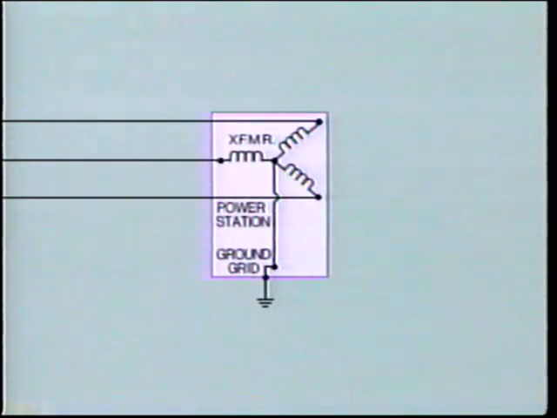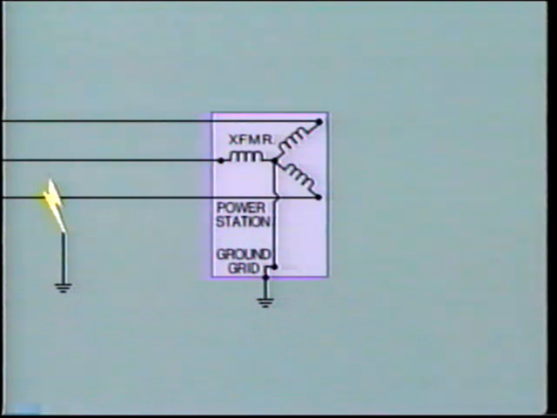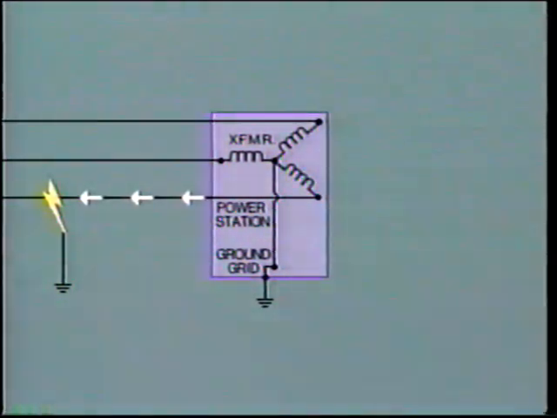Now, let's see what happens under fault conditions, say a single line-to-ground fault on this distribution line. The fault is fed from the substation transformer. Fault current travels along the line through the fault down into the earth. From here, the current flows through the earth to the substation grounding mat.